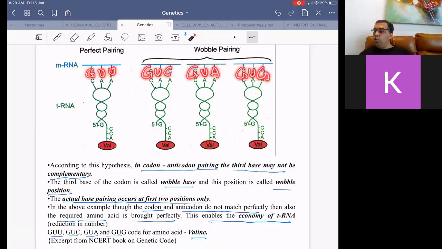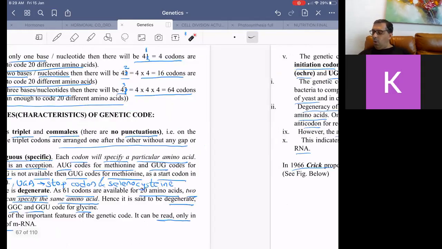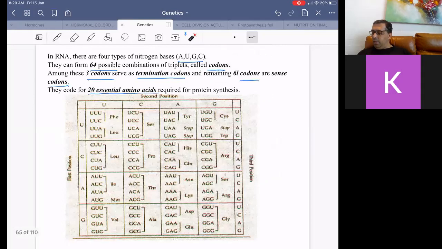So what does the GU series code for? The GU series codes for valine. GUG, GUA, GUC, GUU all code for valine.